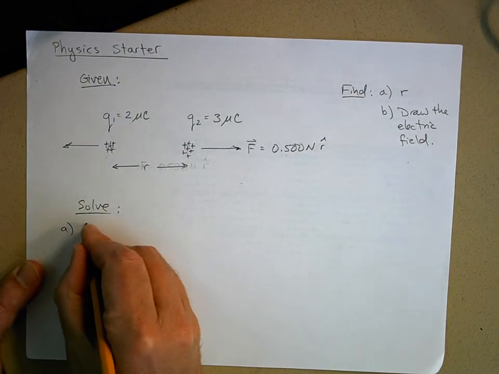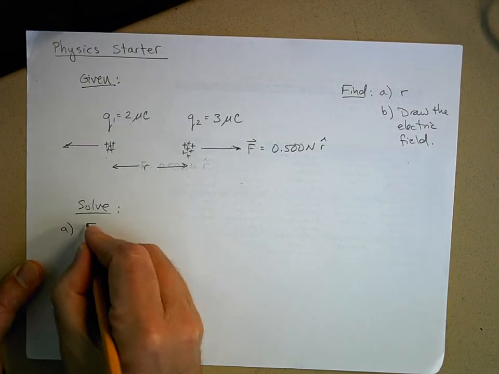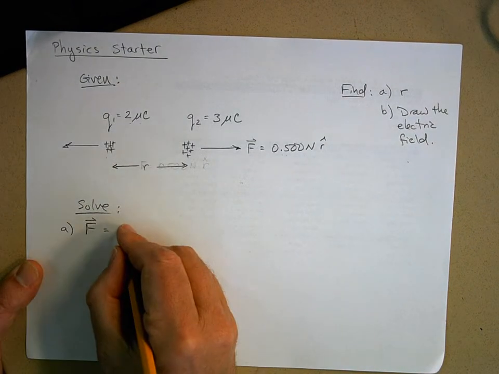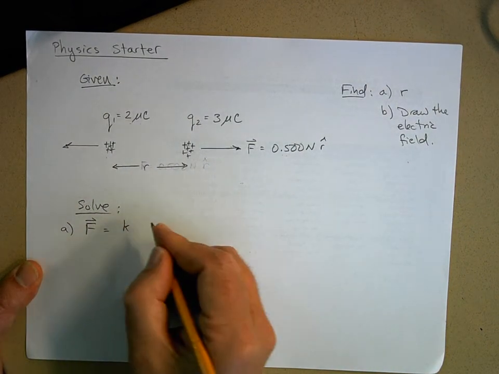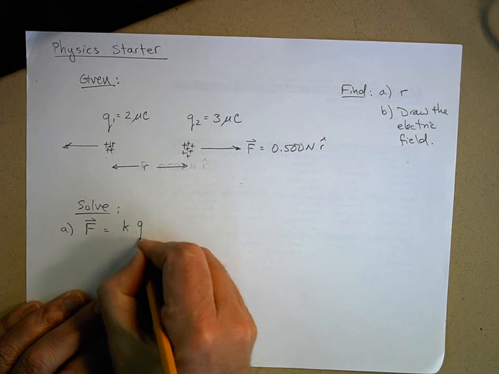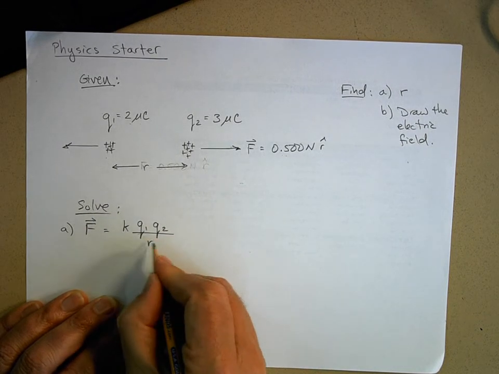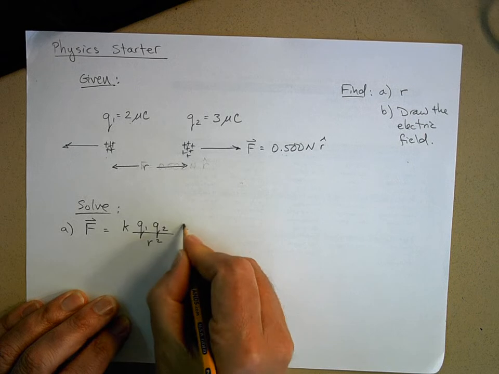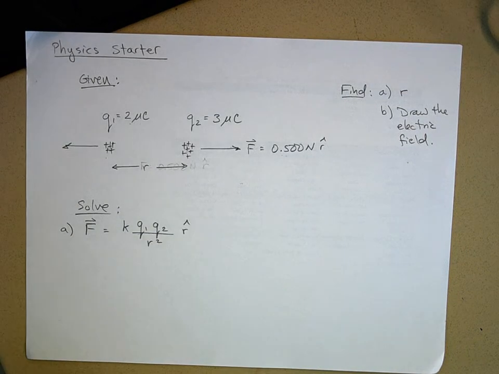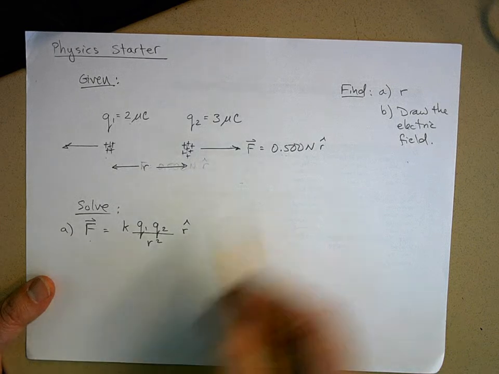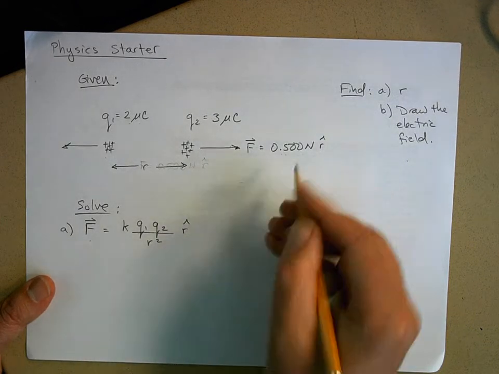So we know that the force between two charges is given by Coulomb's law, which is the electric constant times Q1 times Q2 over R squared in the R hat direction. So the force is given to be 0.5.